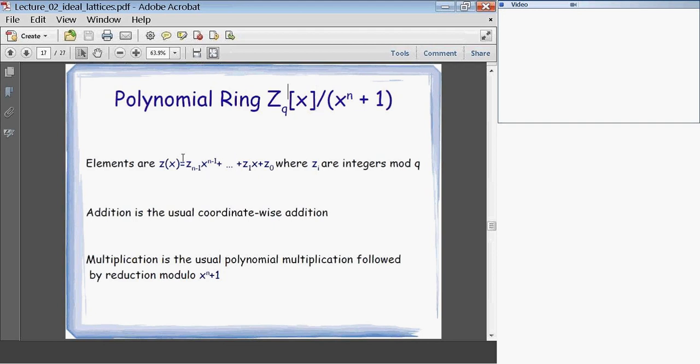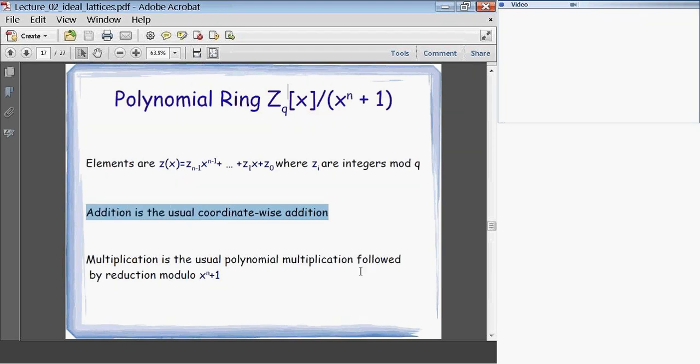Polynomials are represented in the standard polynomial representation. In this case, it's a coefficient representation that I'm sure you've seen many times. The only difference is that the actual values of the coefficients d1, d2, etc., are integers mod q, so integers up to q minus 1.